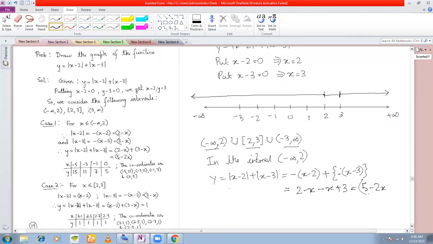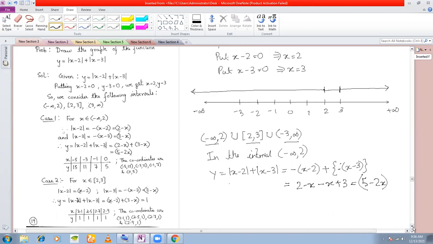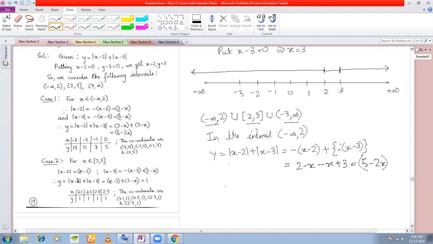This is the value of the function in this interval, right? So what are the points here? In the interval minus infinity to 2, I have taken the points −5, −3, −1. All are less than 2, right? I've taken whatever points are less than 2, keeping in mind my convenience of plotting, so −5, −3, −1, and 0.